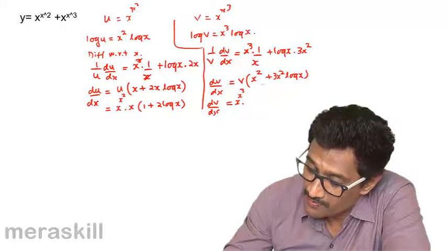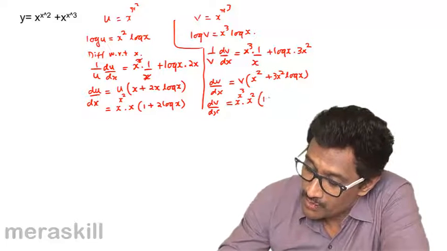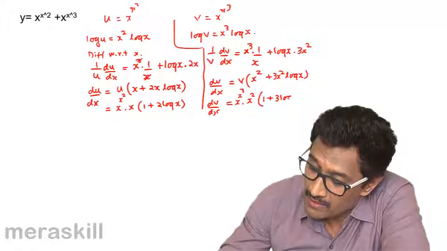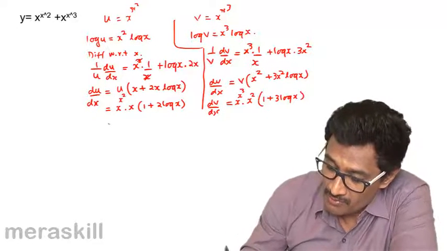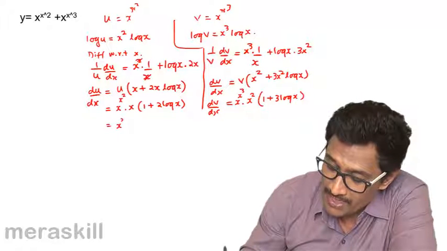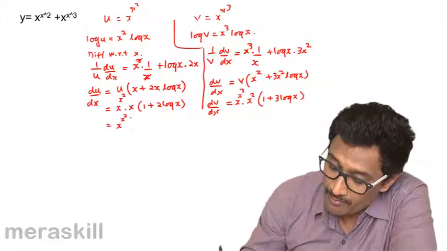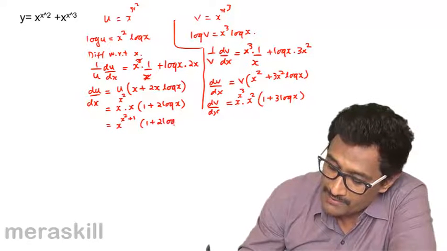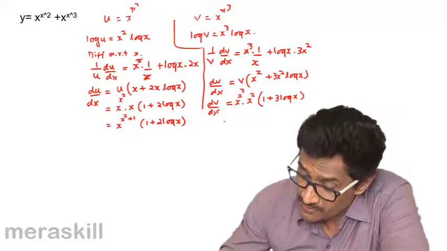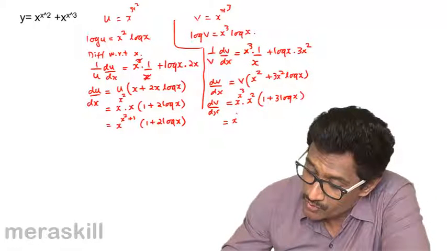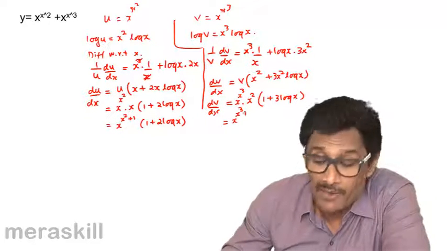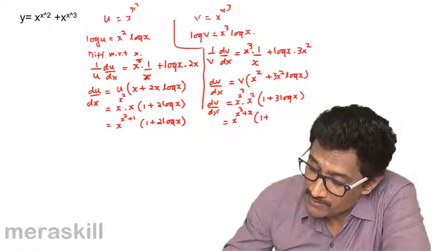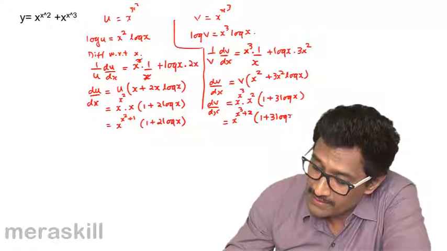You can take x square common and you get 1 plus 3 log x, which will eventually be x raised to x square plus 1 into 1 plus 2 log x, and this will be x raised to x cube plus 2 into 1 plus 3 log x.